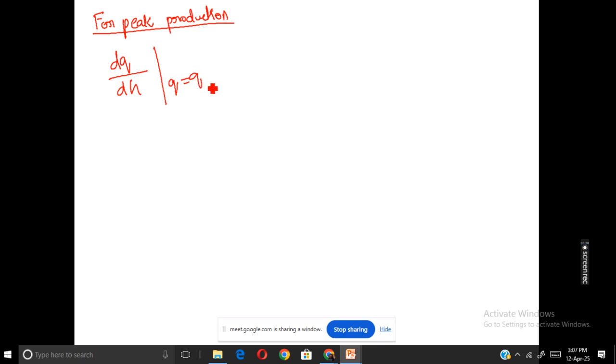Q is Qm, the peak production, and the height at which it happens is the peak production height. So when this becomes 0, that's when peak production is happening.